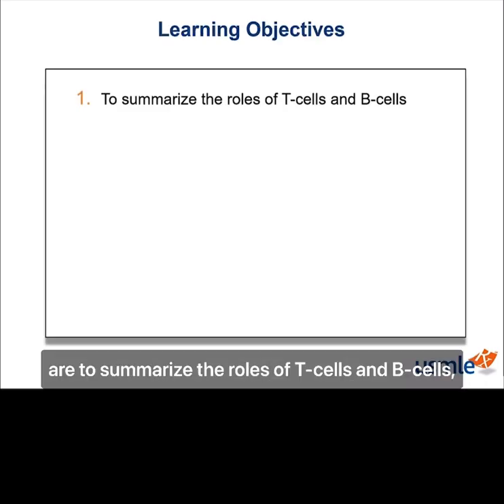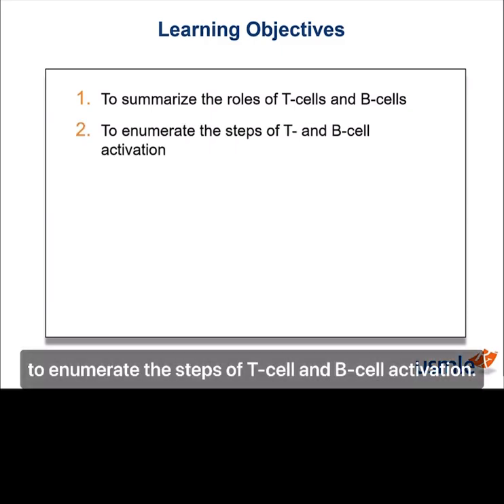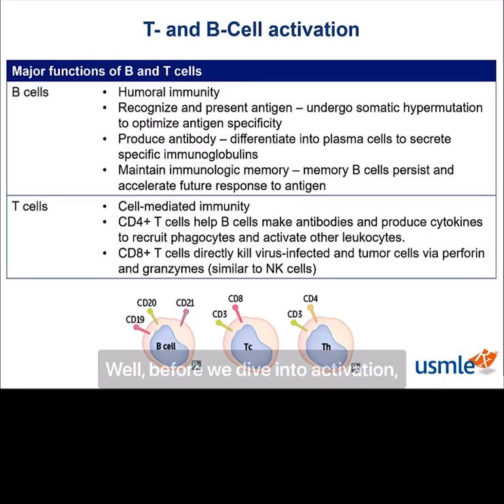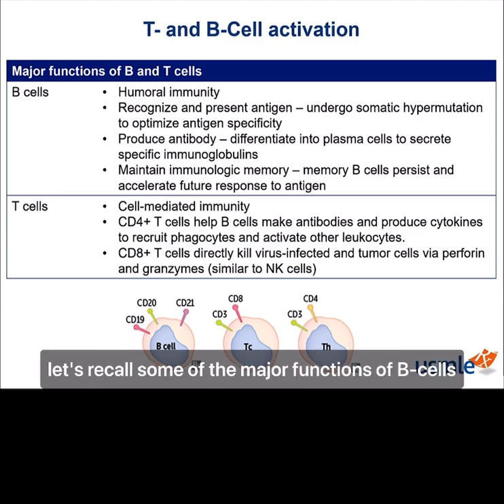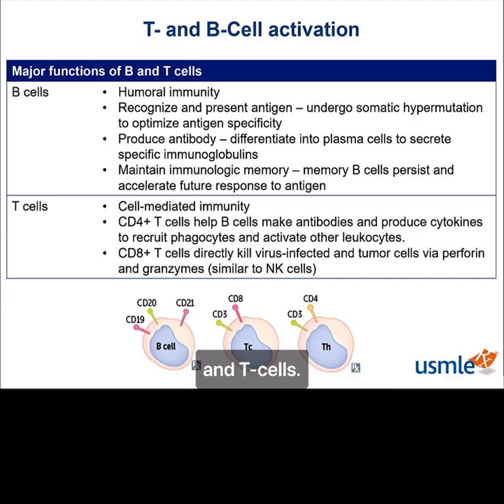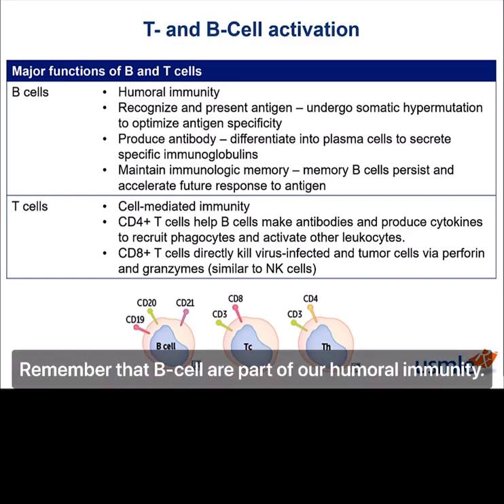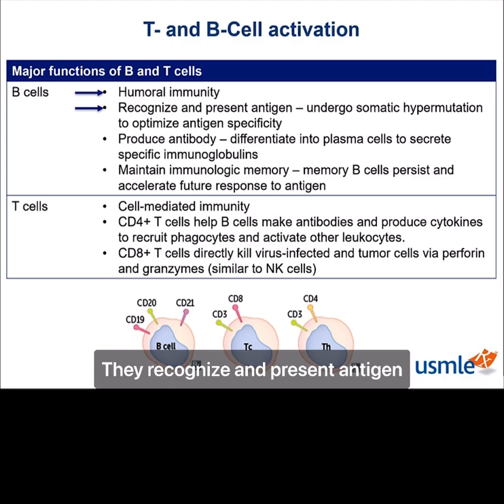Our learning objectives are to summarize the roles of T cells and B cells, and to enumerate the steps of T cell and B cell activation. Well, before we dive into activation, let's recall some of the major functions of B cells and T cells. Remember that B cells are part of our humoral immunity. They recognize and present antigen and undergo somatic hypermutation, optimizing their specificity to an antigen, leading to producing antibodies and maintaining immunologic memory.